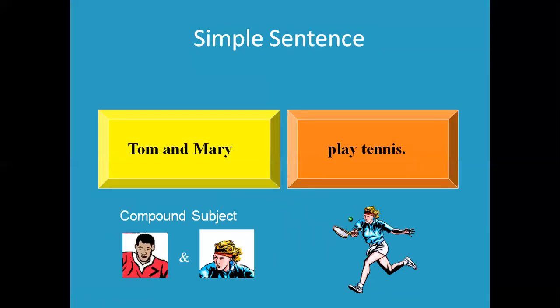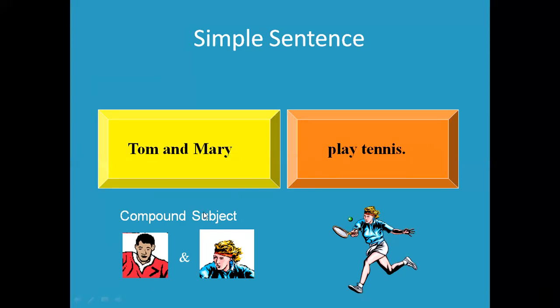As we mentioned above, a simple sentence consists of one subject and one predicate. Even if it has a compound subject or compound predicate, it is a simple sentence. For example, Tom and Mary play tennis.